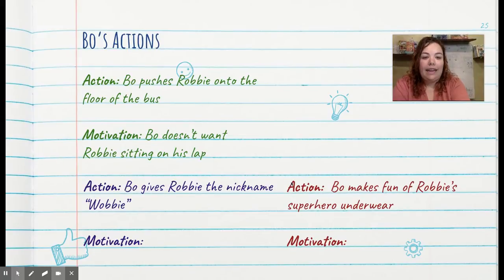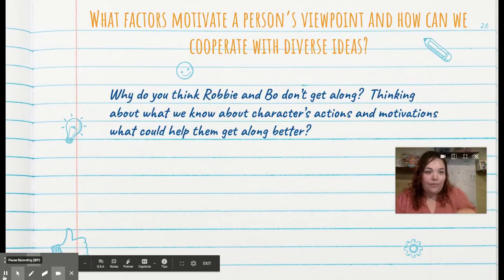And the next action he does is Bo makes fun of Robbie's superhero underwear when he sees him in the bathroom. What do you think is Bo's motivation? Why do you think he is making fun of Robbie's superhero underwear? Make sure you write both of those motivations down.